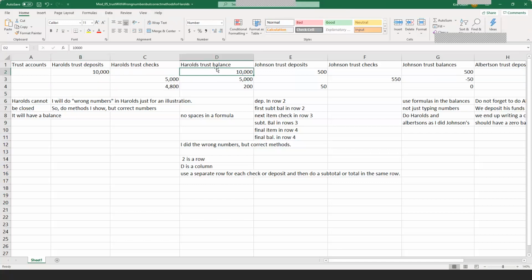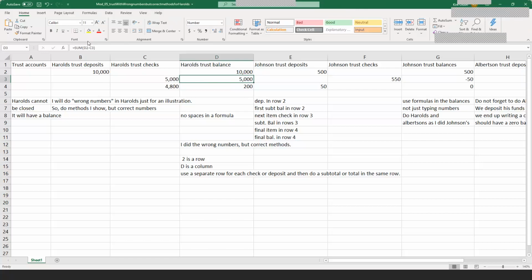The first subtotal, I didn't use a formula, and you don't have to, okay? Then the next one, there's no deposit. There is a check, and I didn't combine them. Just one check. Then I do a balance, and I don't just type a balance, I do a formula. Can you see a formula up here? Equal sum D2 minus C3.